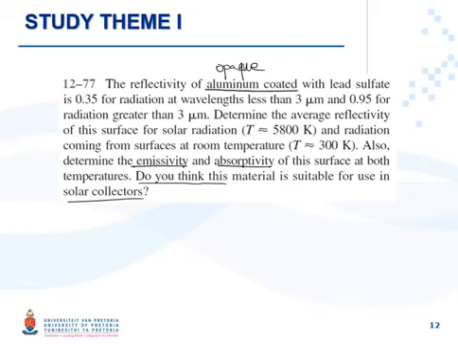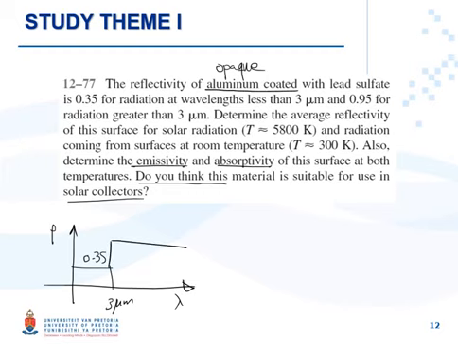So as I told you, we can follow the same path as the previous one. First, let's say what we got here. We have the reflectivity based on the wavelength. We say that for lambda less than 3 micrometer it is 0.35, and for larger than 3 micrometer, it's like a kind of a step function, 0.95.